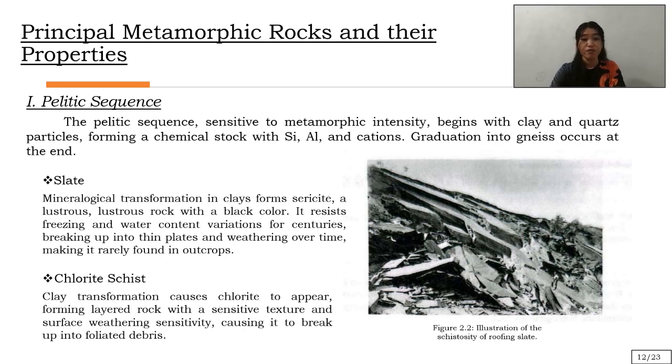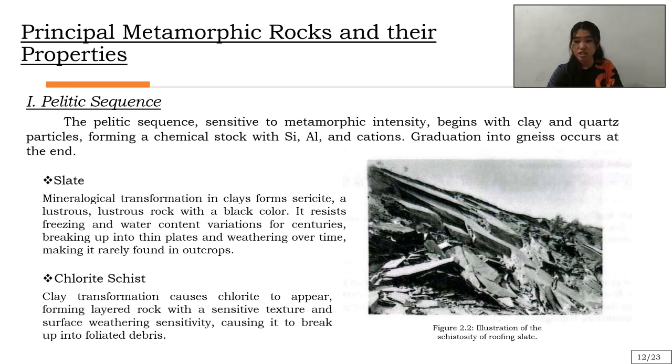So slate is a type of rock that often emerges from this transformation. It has a lustrous appearance due to the micas, breaks into thin plates and is suitable for roofing. An example of this is in Figure 2.2, an illustration of the schistosity of roofing slate.